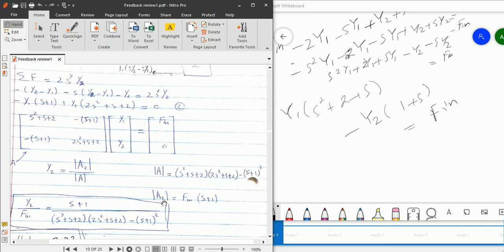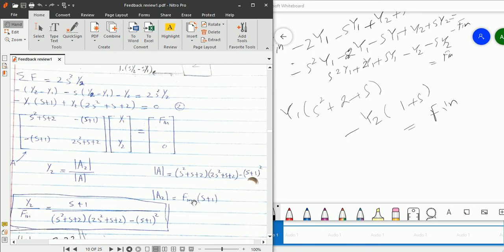A2. Here it is 0, so it will be 0. S plus 1 into f in. Okay, you get this. Clear?